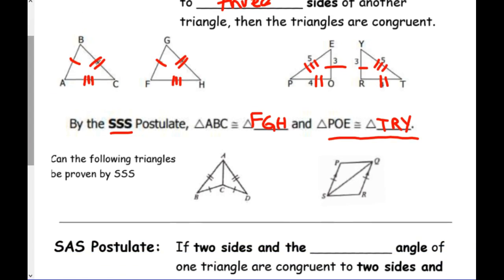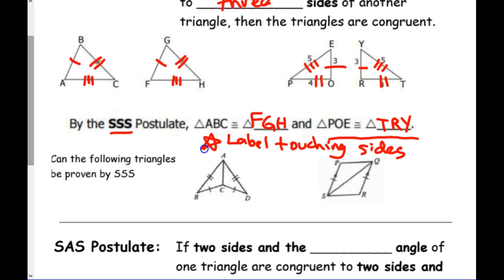Now, I want you to make a little note right here. When you're doing problems, you're going to see stuff like this, and you're going to have to tell me what it is. Put a little star. Label touching sides. Here's what I mean. If two sides are touching, obviously they're the same on each side.